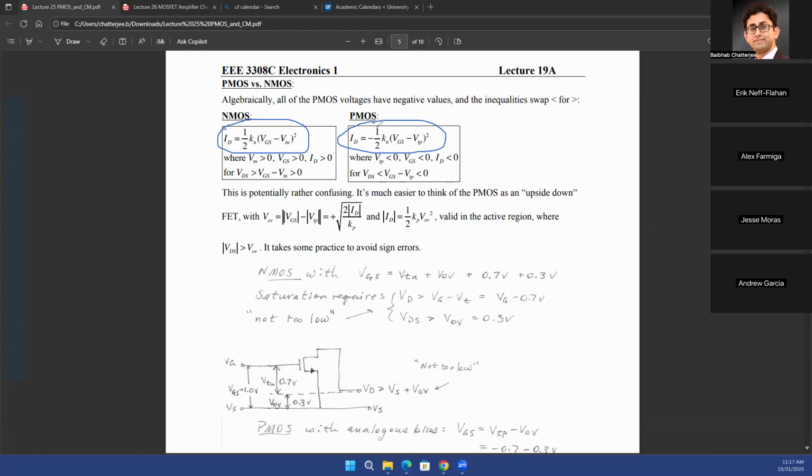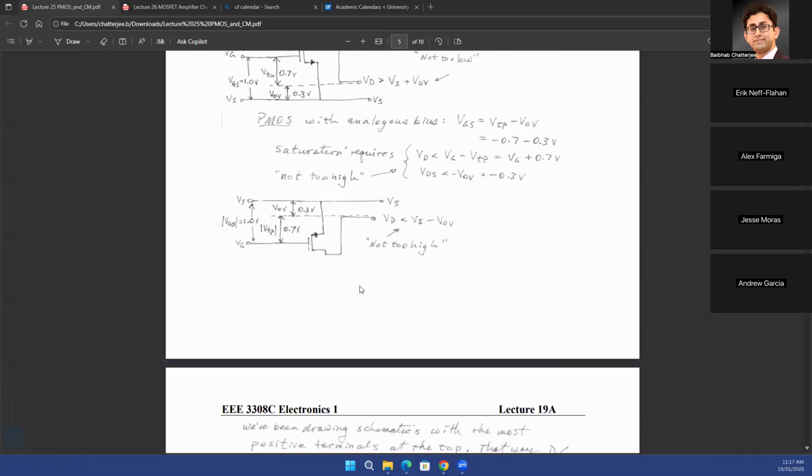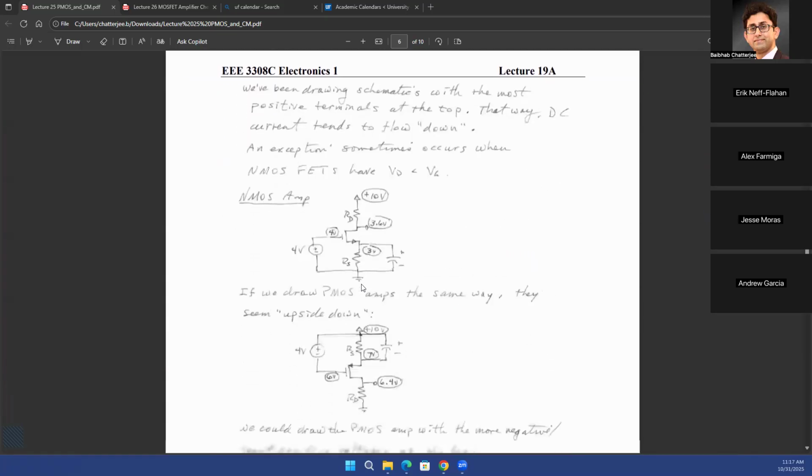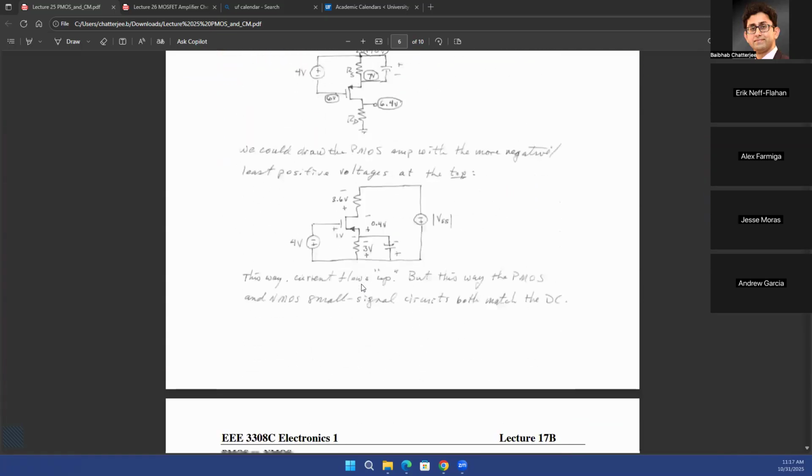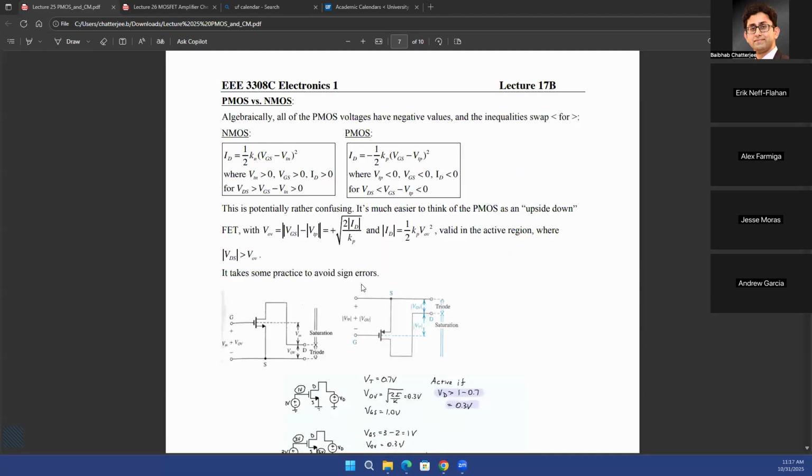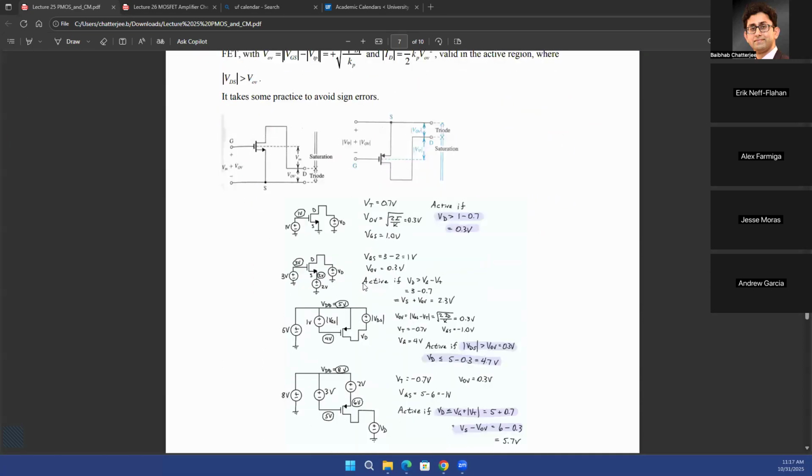You can just apply the formula: absolute value of ID is going to be half of k times (absolute value of VGS minus absolute value of VT) whole squared. So that would be the same for your NMOS and PMOS. I'm not going through all of this again. This is exactly the same as what we discussed in the beginning of the class. Maybe let's just take a look at one or two examples, which will make things clearer.